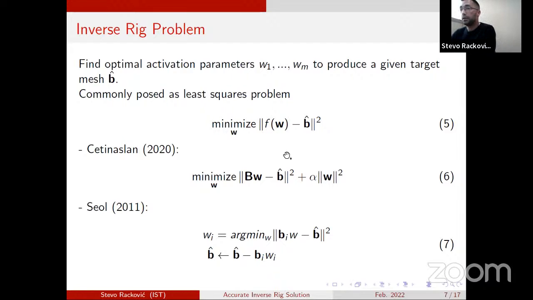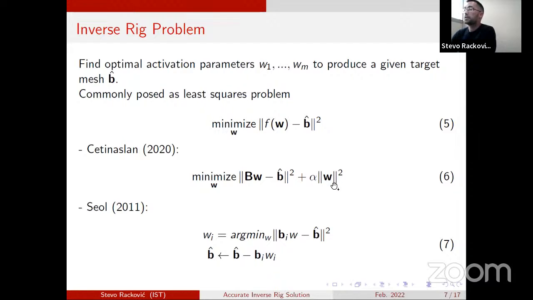And in the literature, we here show two different approaches. One is given by Seol and Aslan 2 years ago, and this is like the state-of-the-art approach. A lot of other papers have either the same or a similar objective function. So the rig function is linear, and then there is also this quadratic regularization term.